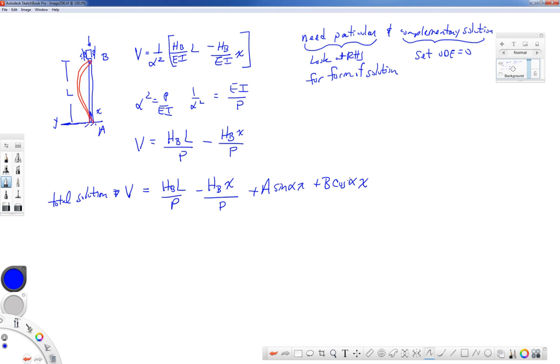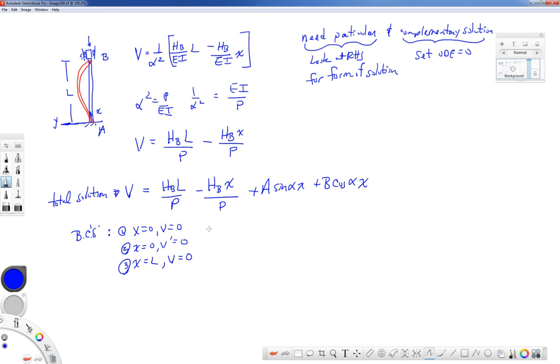If we look at the beam that I have there, our boundary conditions are going to be at x equal to 0, there's no deflection because of the fixed end. And at x equal to 0, there's no slope because of the fixed end. And at the top of the beam at x equal to L, we have 0 deflection. So let's label these 1, 2, and 3, and let's apply them.